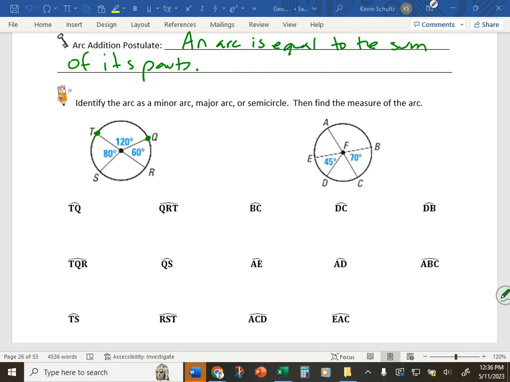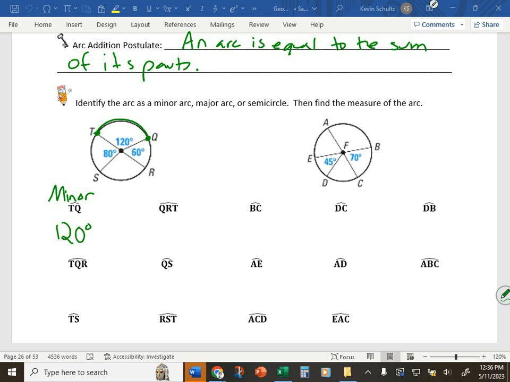Well, if there are only 2 letters, it means you're going the short way. It means it's the minor arc. It's the fastest way to get from T to Q, which would be going this direction. And if you're asked to find the measure of that arc from T to Q, because we are given that central angle, what's the measure of arc TQ? 120. Equal to the measure of the central angle.